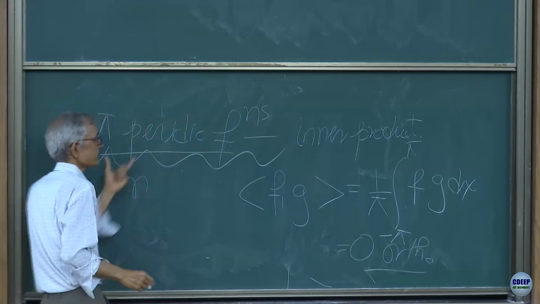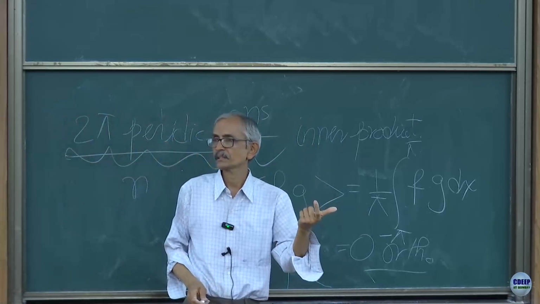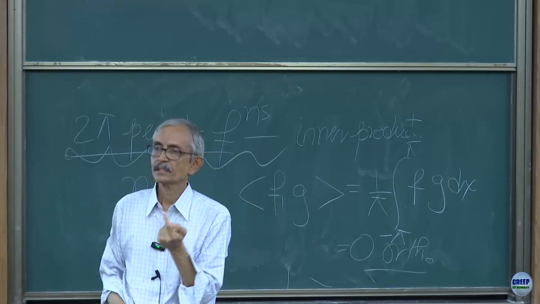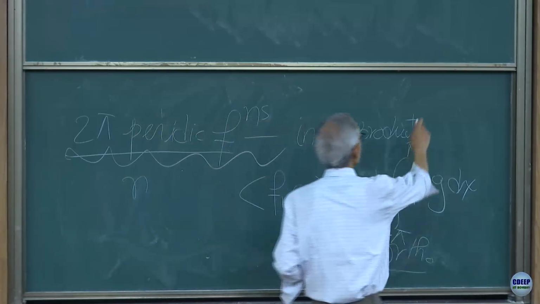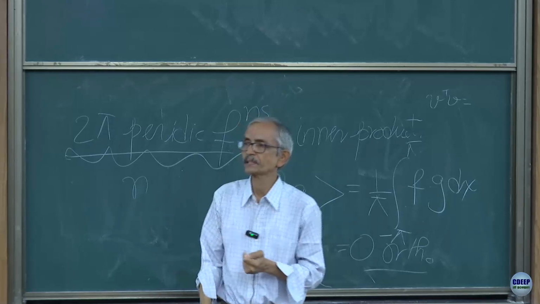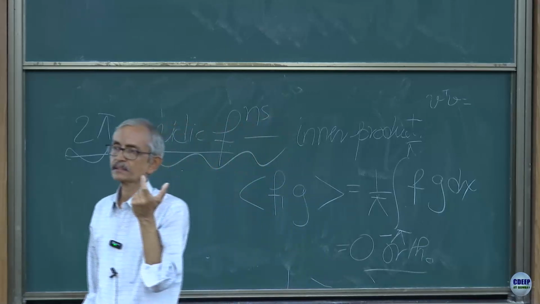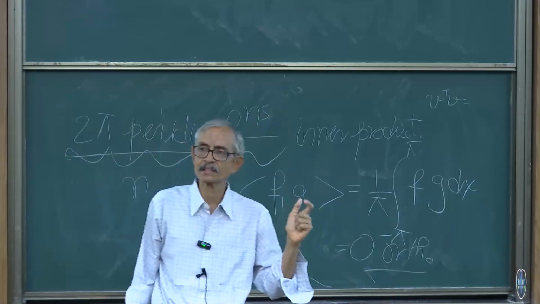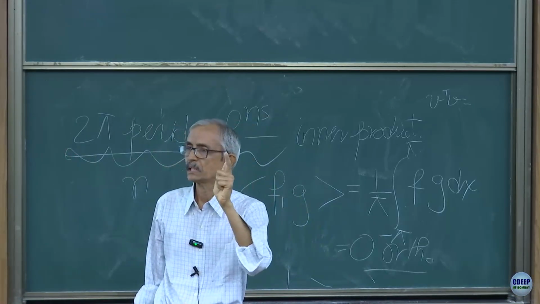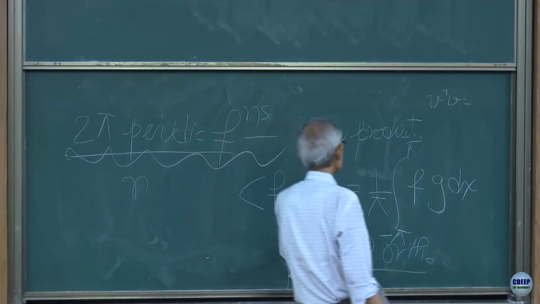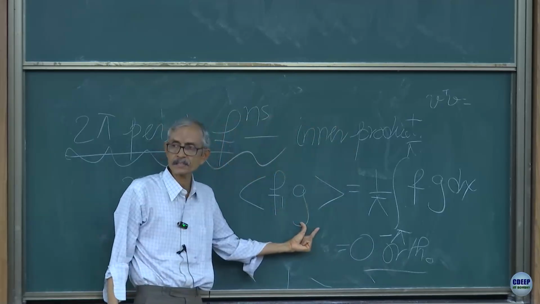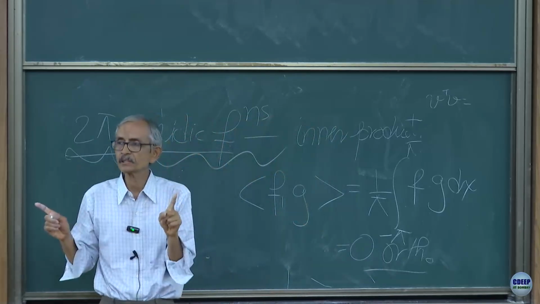What about normal functions? We said that these are orthonormal, right? If a vector has unit magnitude, what has to be V transpose V? 1. So similarly, the inner product of a function with itself should be equal to unity.